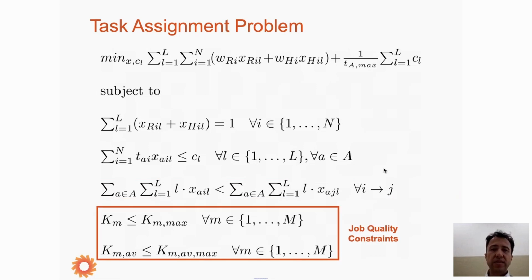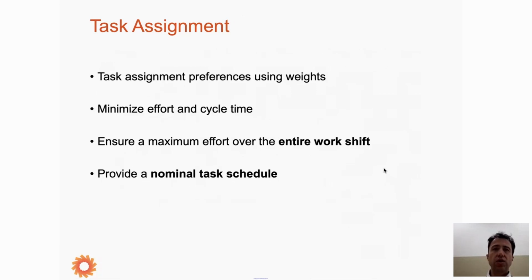And these final constraints are the job quality constraints that we integrate with the help of TNO in order to ensure that the job the human is executing always satisfies a certain level of quality. So the task assignment uses weights for understanding what has to be given to the human and what has to be given to the robot.